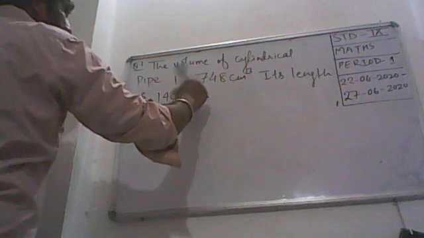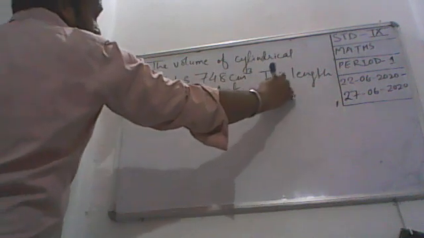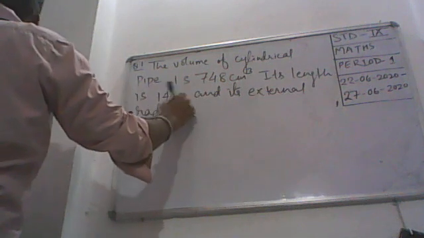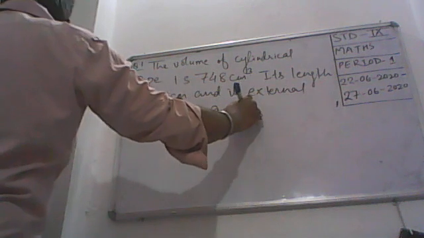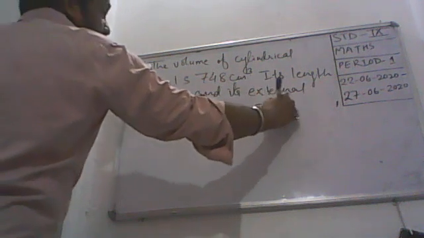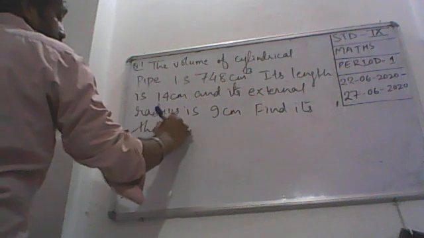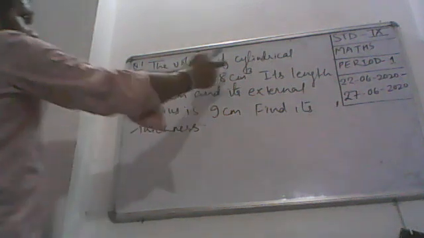Its external radius is 9 centimeter. Then find its thickness.